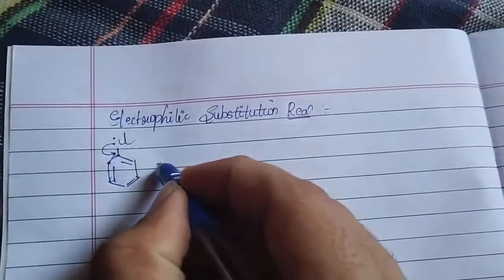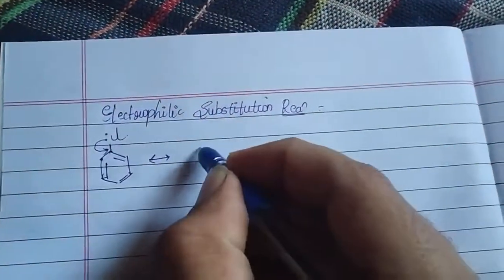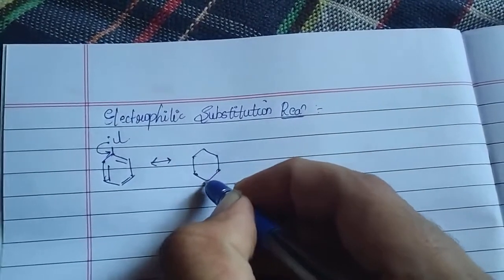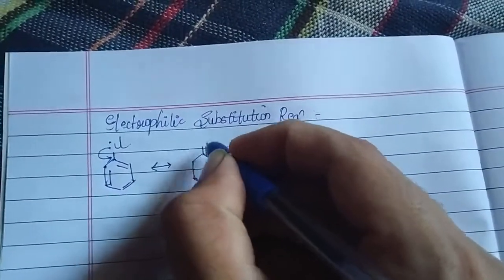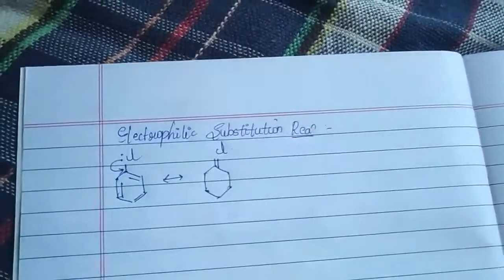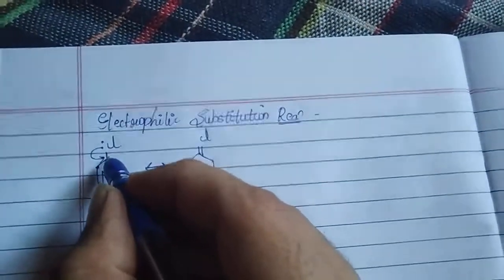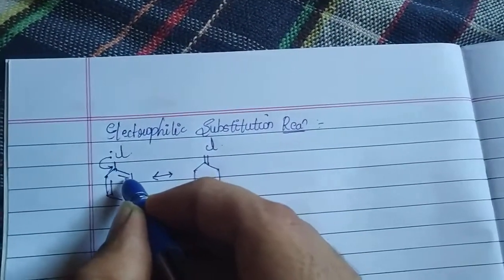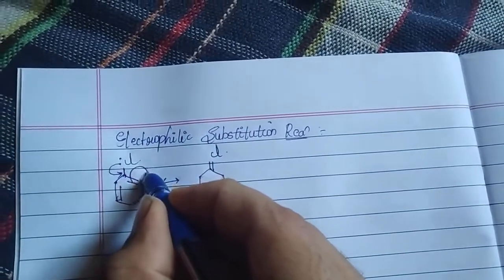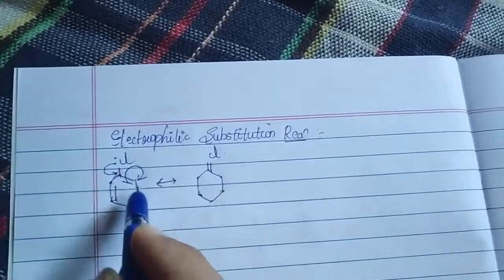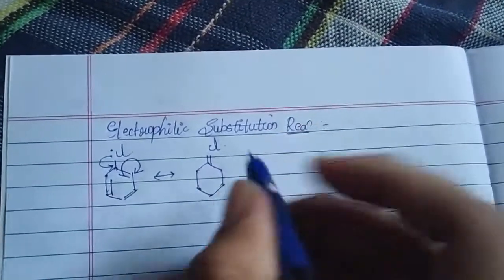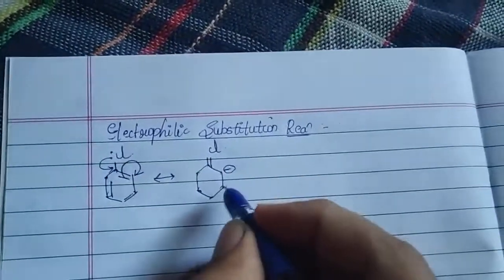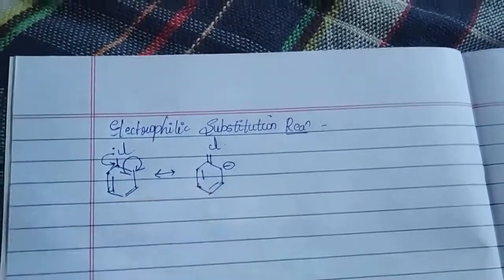And when it happens, of course, we are going to get the various resonance structures in which we observe that our C and Cl bond is double bonded, and in turn, since the electron density now increases, this pi electrons, that electron density will be taken by this carbon. So therefore I would be getting a negative sign over here. Yes, as usual, here one bond and here one bond it will be.